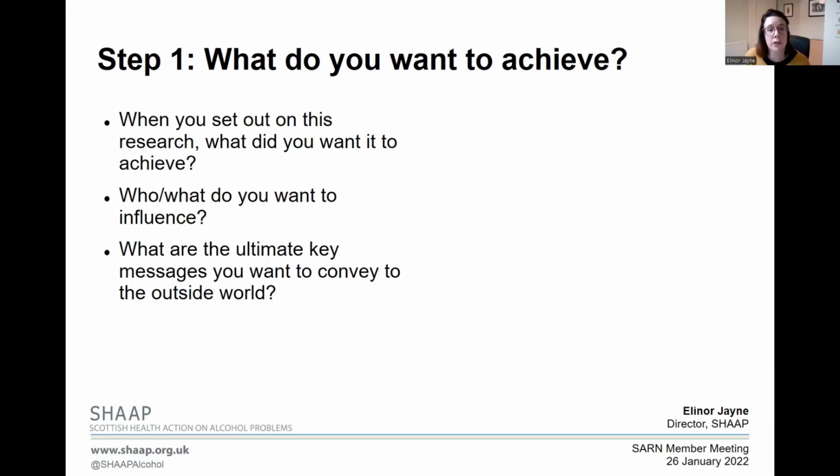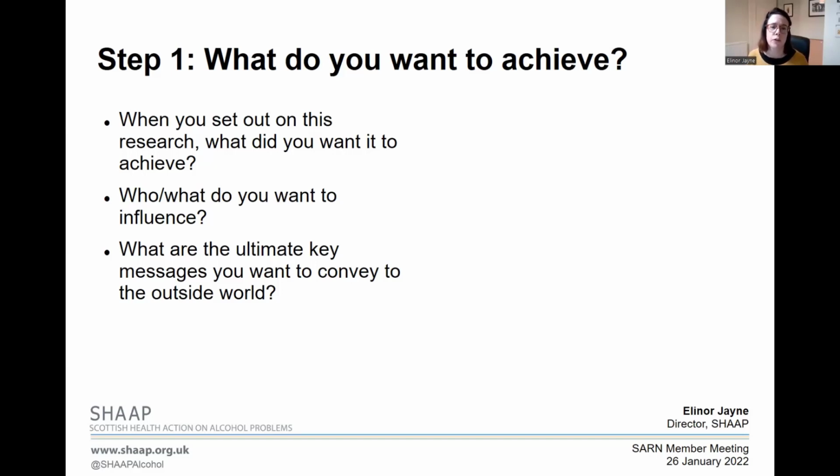It's also important to think, if you do want to use this research to influence people or change, what or who is it that you want to influence? Are we talking about Scotland? Are we talking about the UK? Are we talking about internationally? Are we talking about wanting to influence others in the world of academia, or do you want to influence policymakers or advocacy groups? Who is it that you want to influence here, if at all?